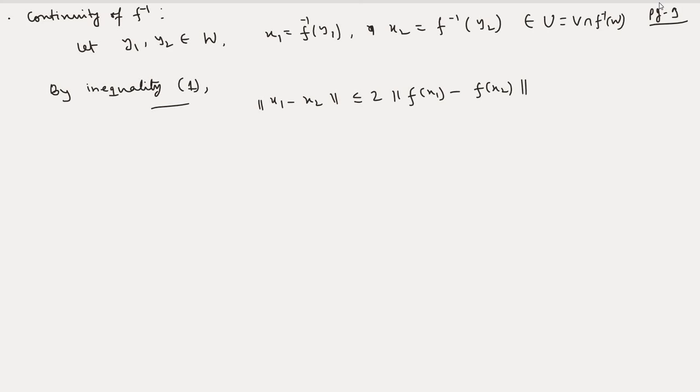So this implies norm of F inverse of y1 minus F inverse of y2 is less than or equal to 2 times norm of y1 minus y2, and therefore this is a Lipschitz function.